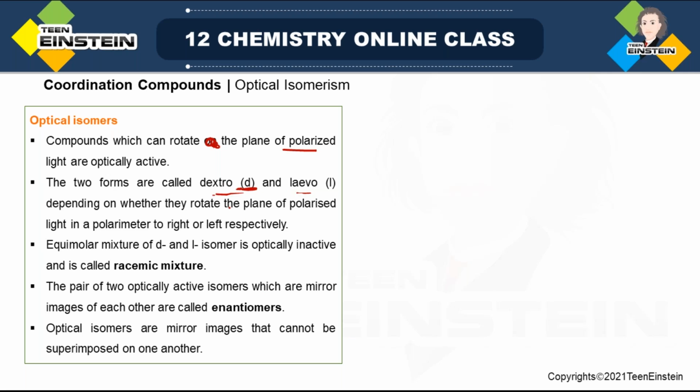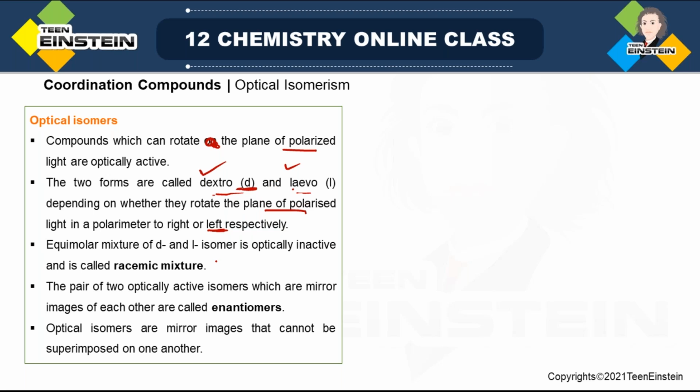It depends on whether the optically active compound solution is rotating this plane polarized light to the right hand side or to the left hand side, that is, rotating it clockwise or anti-clockwise. Two different types we can get. And remember left, L, so you can remember L in this way.